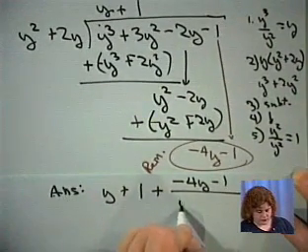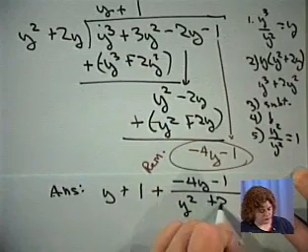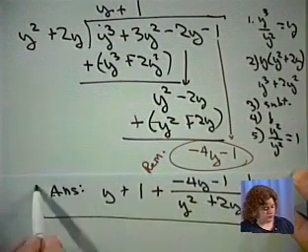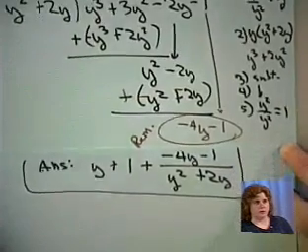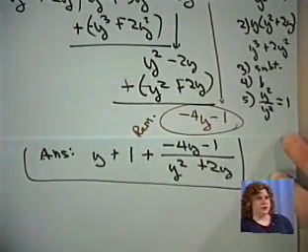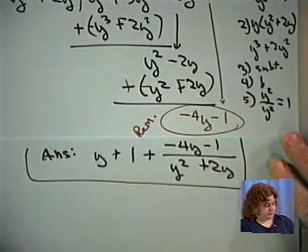And that was y squared plus 2y. And this is one way to present your answer that is commonly used in textbooks and is a correct way.